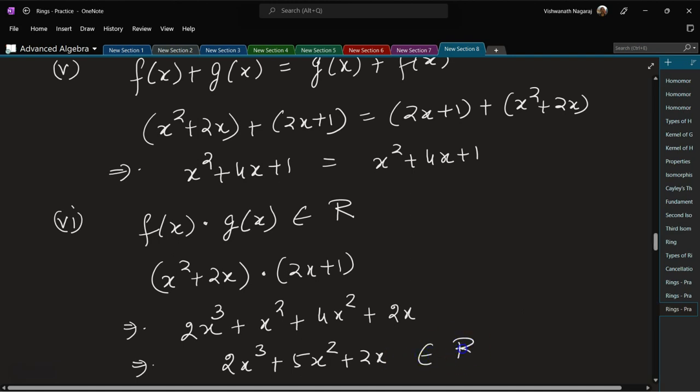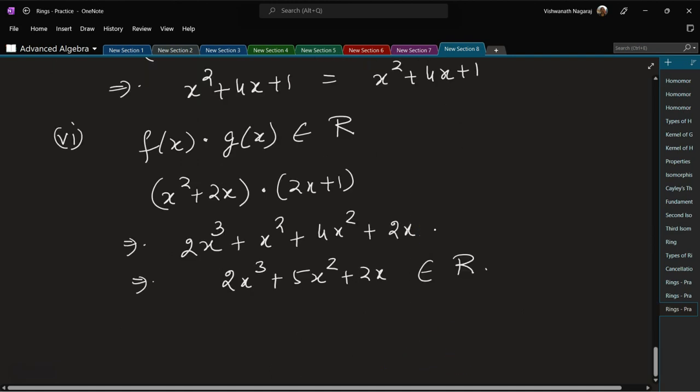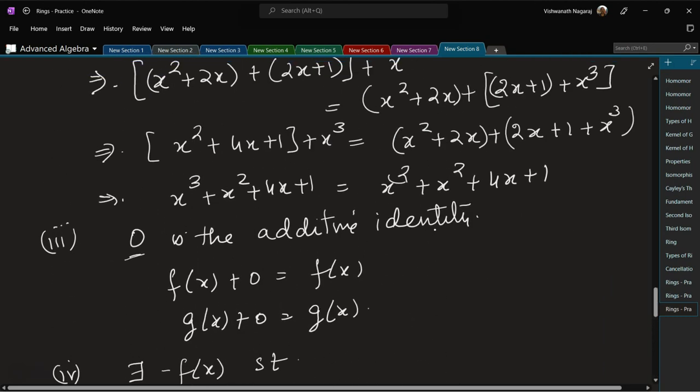And this belongs to R. So therefore it is closed under multiplication.